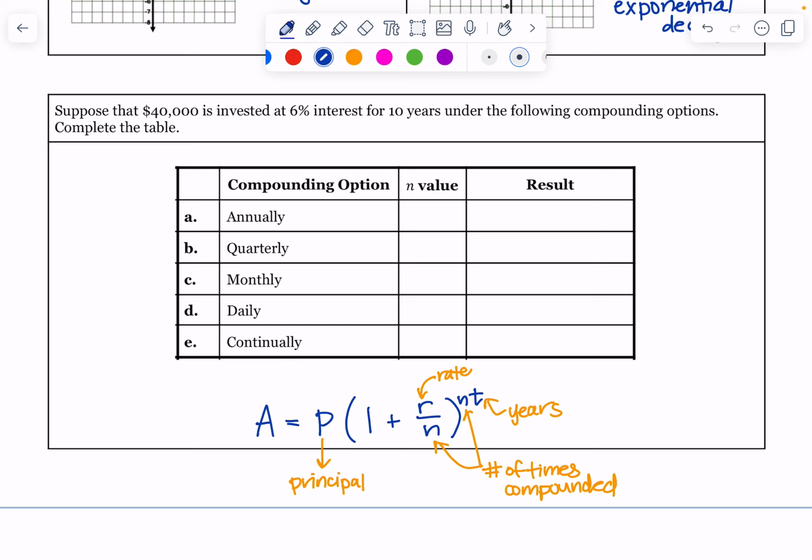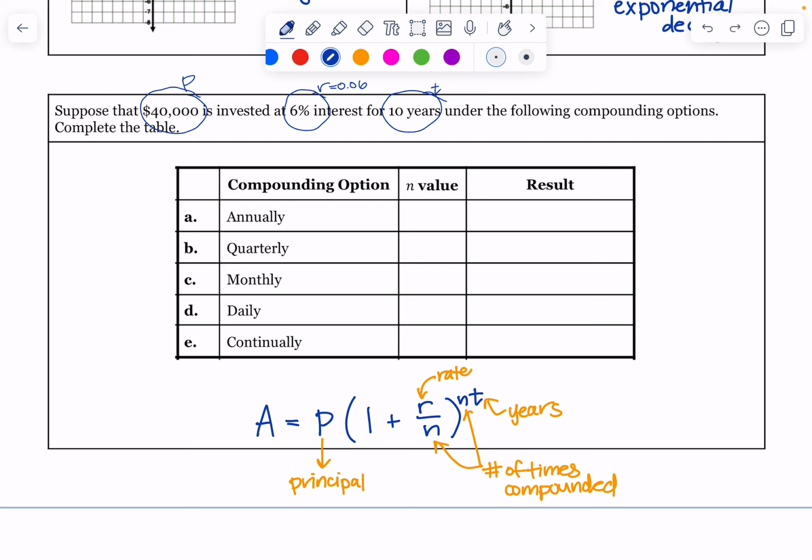All right, so we have 40. I'm going to make my pen a little smaller because this is a small table. We have $40,000. We have 6% interest. So P is 40,000. My R is 0.06. We need to make that a decimal. 10 years would be time. Okay, and then the N is going to change based on which row we're on.